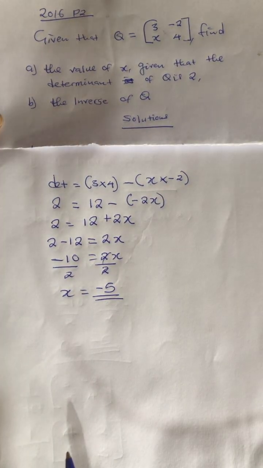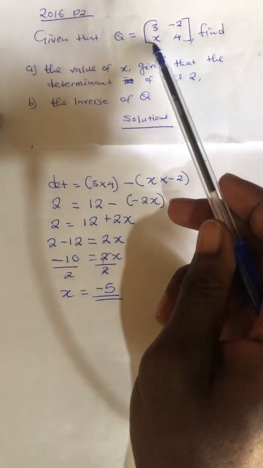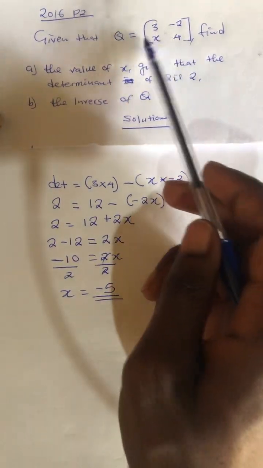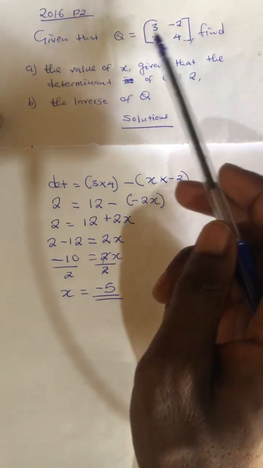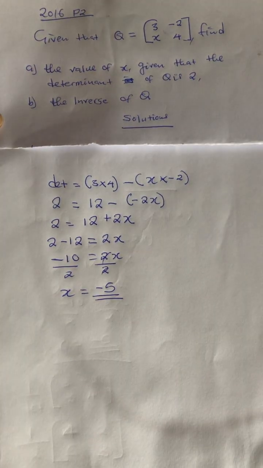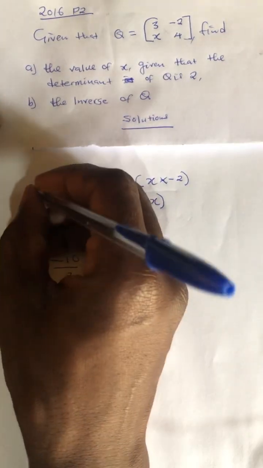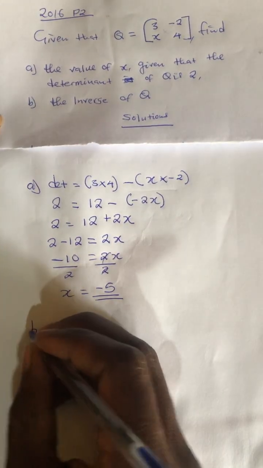And it is actually provable by putting negative 5 here, then you multiply this and that, and subtract this from that, you get the determinant. Now, this is A. Now, how do we find B?